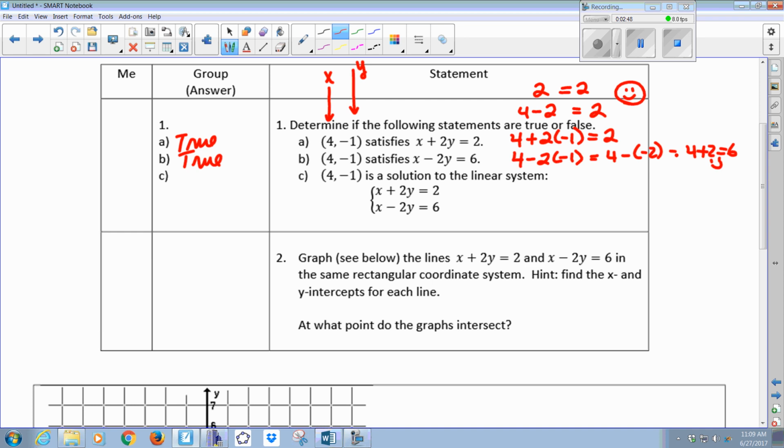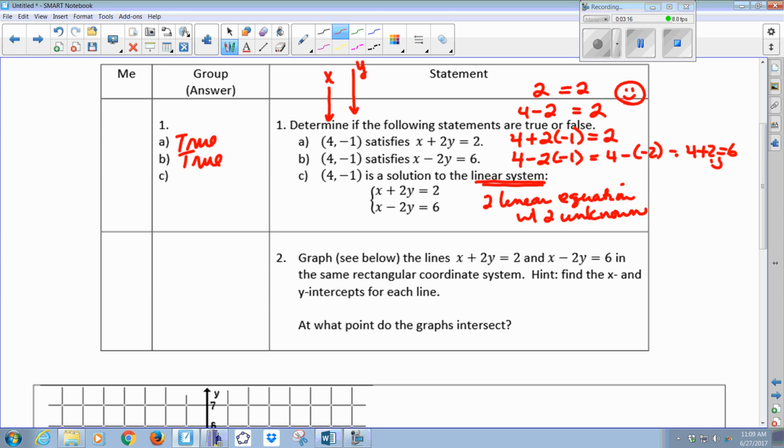The next question says, is this ordered pair (4, -1) a solution to this linear system? This might be a new vocabulary term for you, a new idea. A linear system is when we consider more than one equation at a time. In this case, we have two linear equations with two unknown variables, or two unknowns.